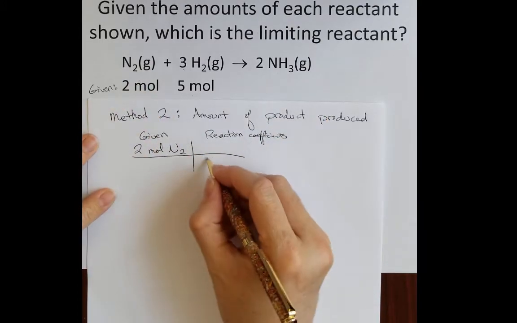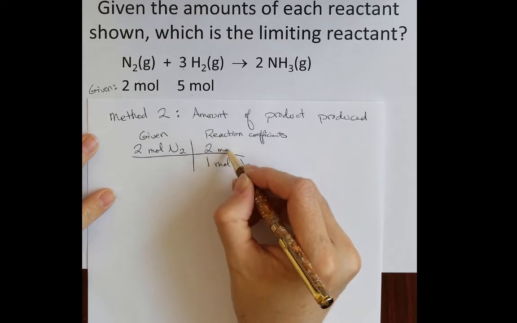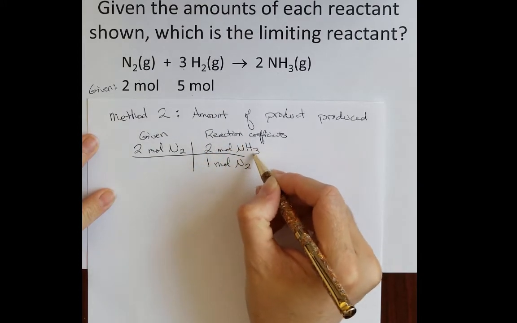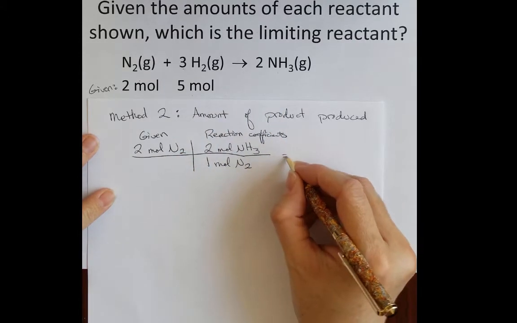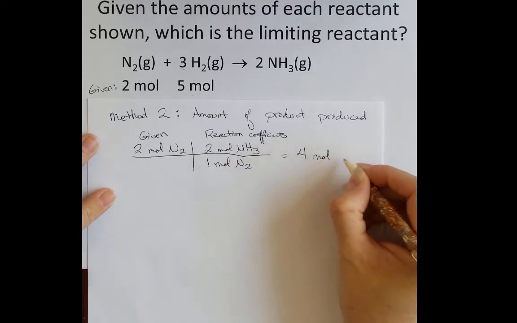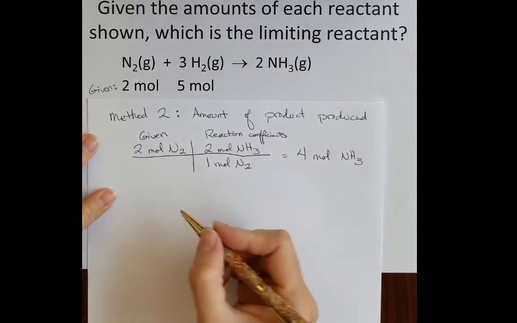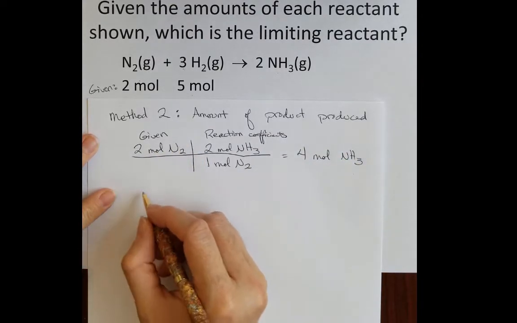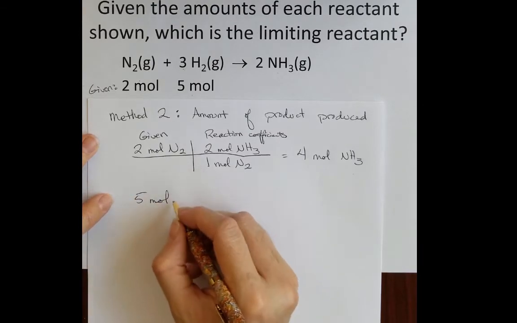For every 1 mole of nitrogen, I actually get 2 moles of ammonia. Again, I'm pulling that from the reaction coefficients themselves. So that means I can make 4 moles of ammonia if I could completely react all of my nitrogen. But I want to find out what would happen if I could react my 5 moles of hydrogen.